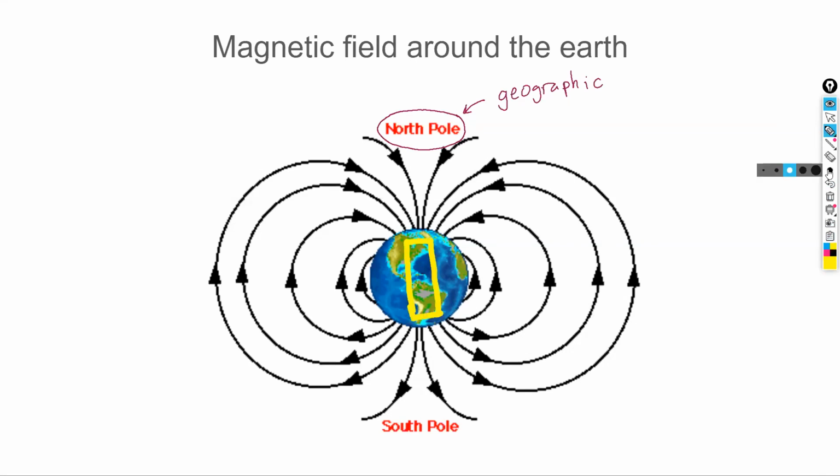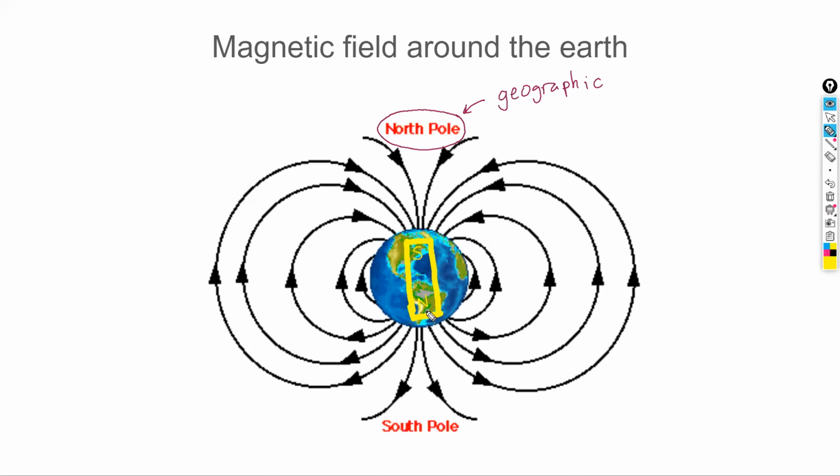But over here, the North Pole is a magnetic south pole and the South Pole is a magnetic north pole. In other words, the North Pole, where Santa Claus lives, is actually a magnetic south. So the top of the Earth is actually southern, and the underneath of the Earth is actually north.